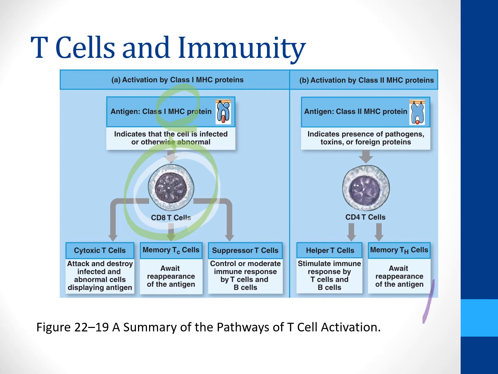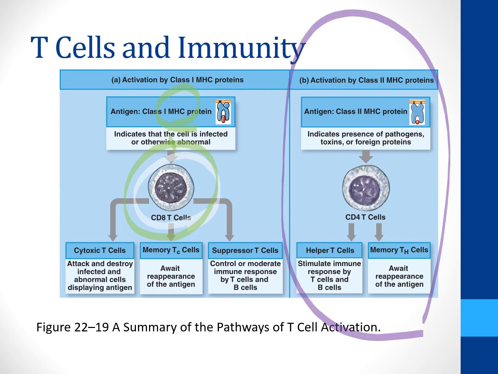Over on the right here, we've got the class 2 MHC protein. It's presenting its antigen to the CD4 cells, which is the T helper cells. So it's going to stimulate T helper cells, which will in turn stimulate B cells to produce antibodies. And it's going to create memory T cells, which will await that subsequent appearance of the antigen to mount a bigger response.